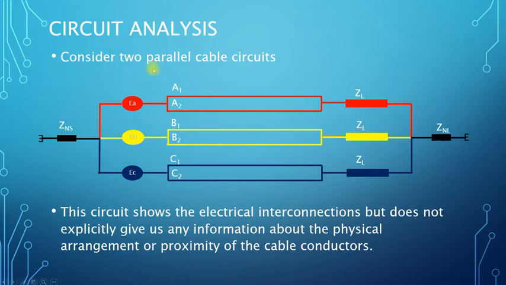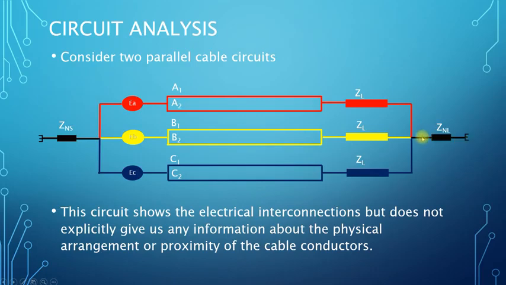So here we have the two parallel cable circuits, phase A, then we have the B phases, and then we have the C phases. The cables are connected in parallel, as we would expect, and they supply a load impedance in each phase.